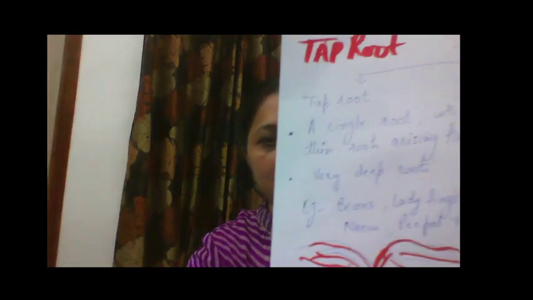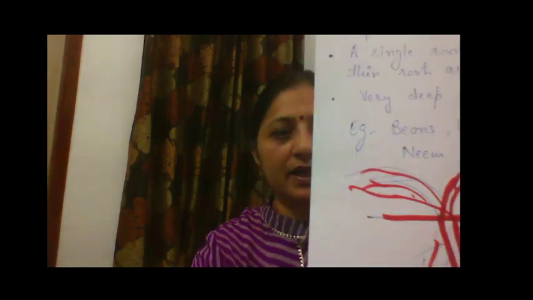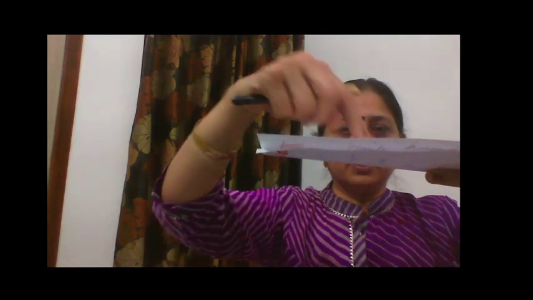Can you see the taproot and fibrous root? Let's start with this taproot. Okay, I think now you can see this root. What I'm talking about is, if this is the ground surface, this is underground, above the ground is the stem, and below the ground are roots.